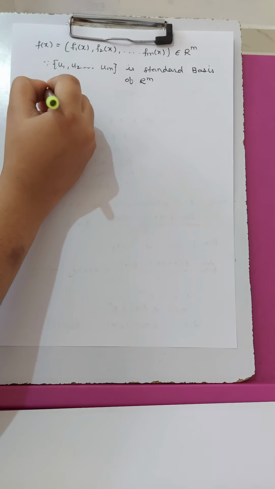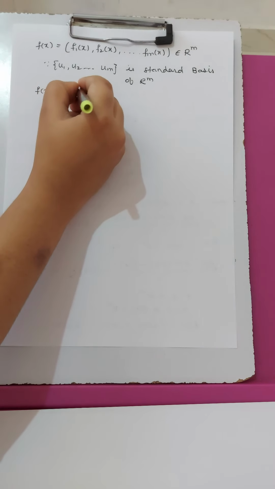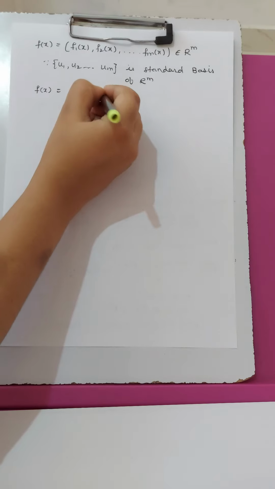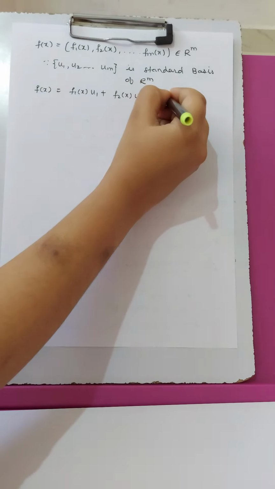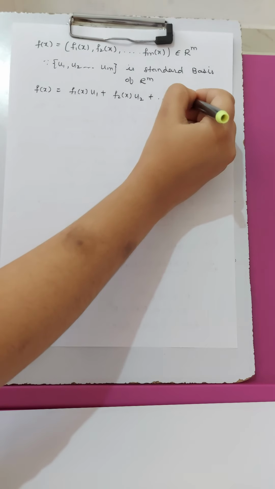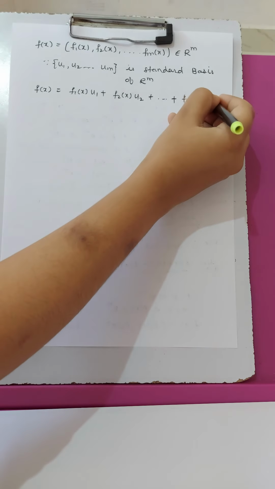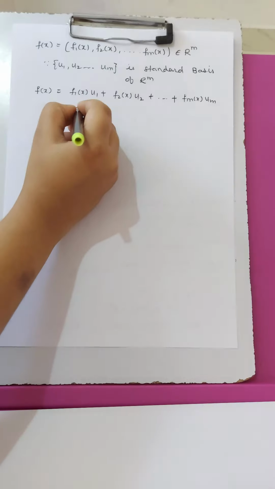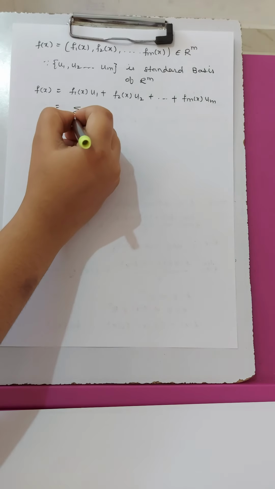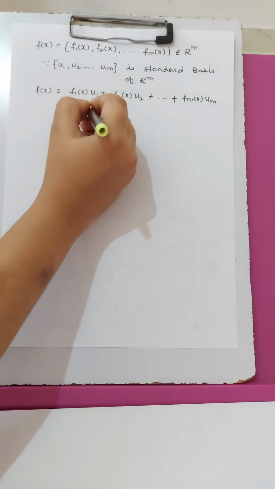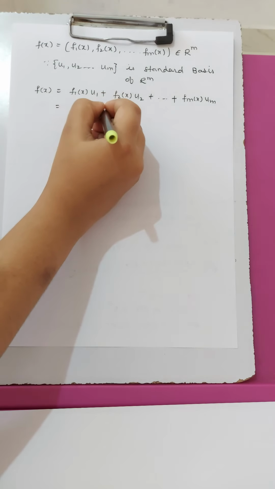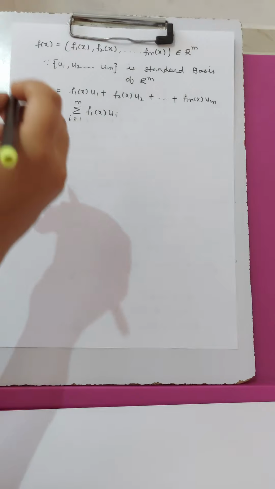So this f of x can be written as f1 of x u1 plus f2 of x u2 plus up to so on fm of x um, which is equal to summation from i equals 1 to m fi of x ui.